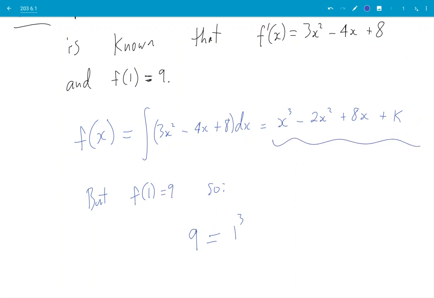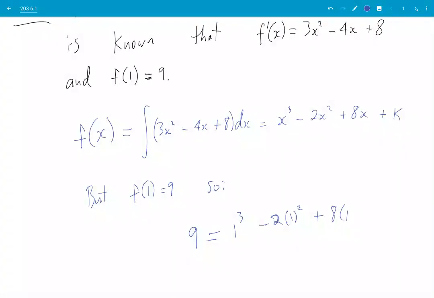Plug 1 in here, squared, plus 8 times 1 plus k. So again, the 9 went in for f, and then the x equals 1 went in there. And there's an equal sign between the two of them.